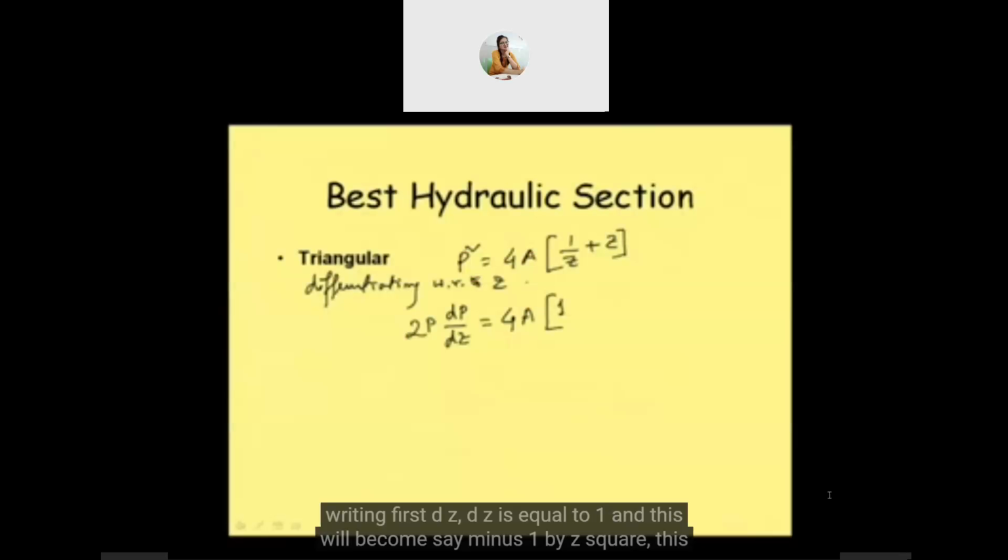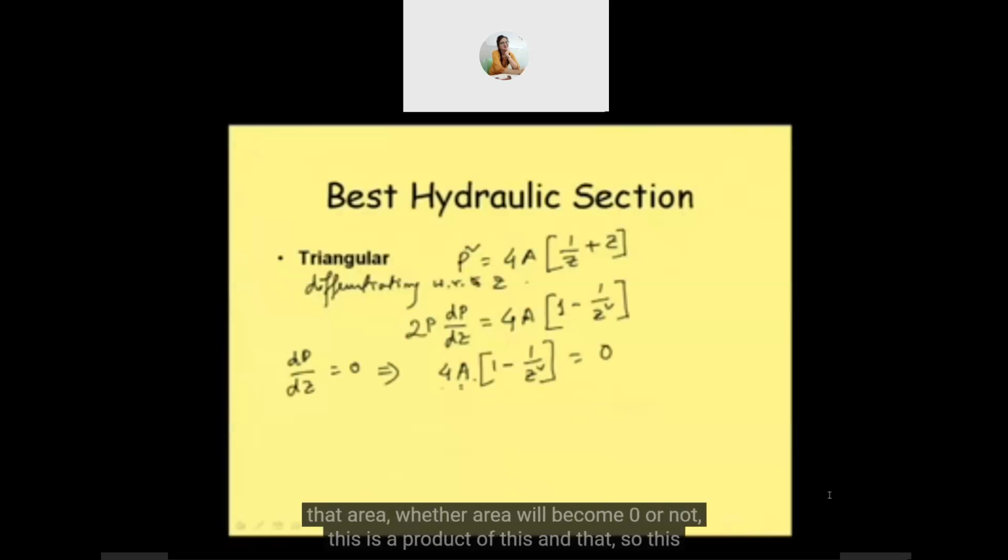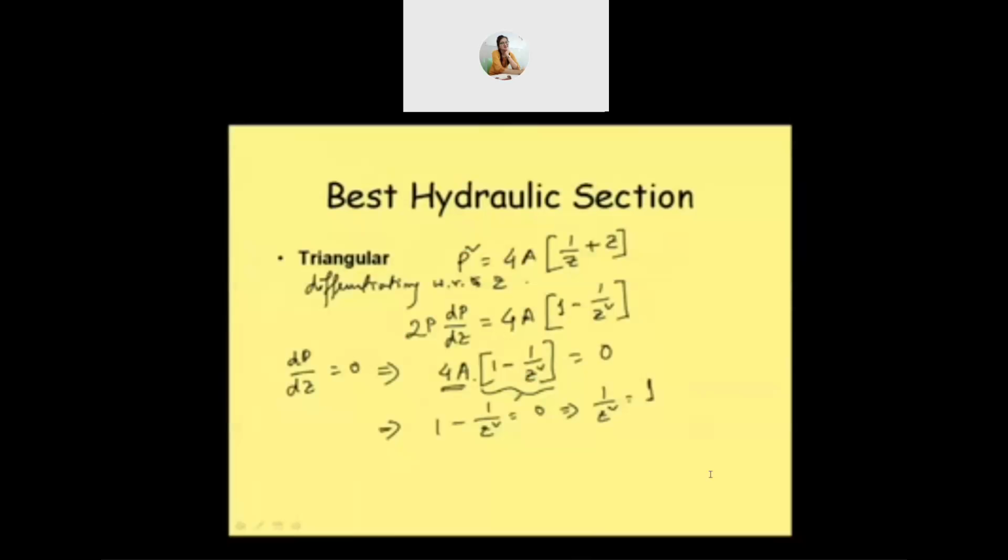This is a product of this and that term, so this term cannot become 0, and as such this expression must be equal to 0. So 1 minus 1 by z square is equal to 0. This implies 1 by z square is equal to 1, and 1 by z square can be equal to 1 only when z is equal to 1.